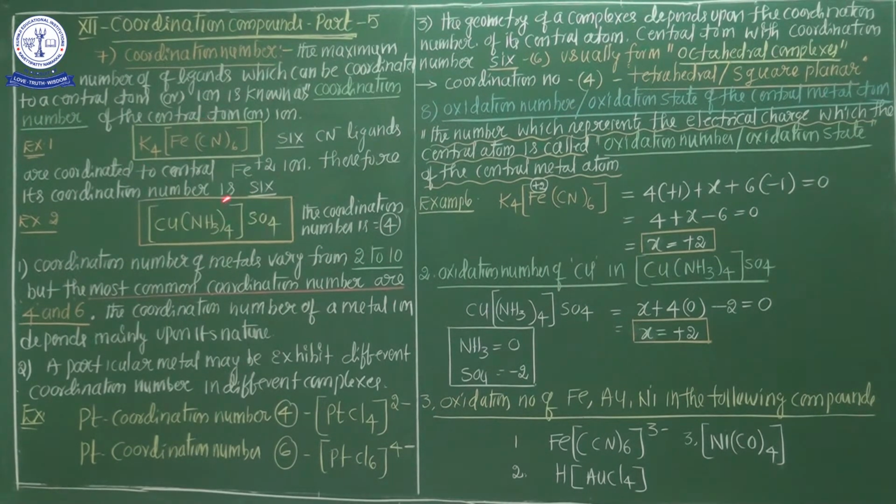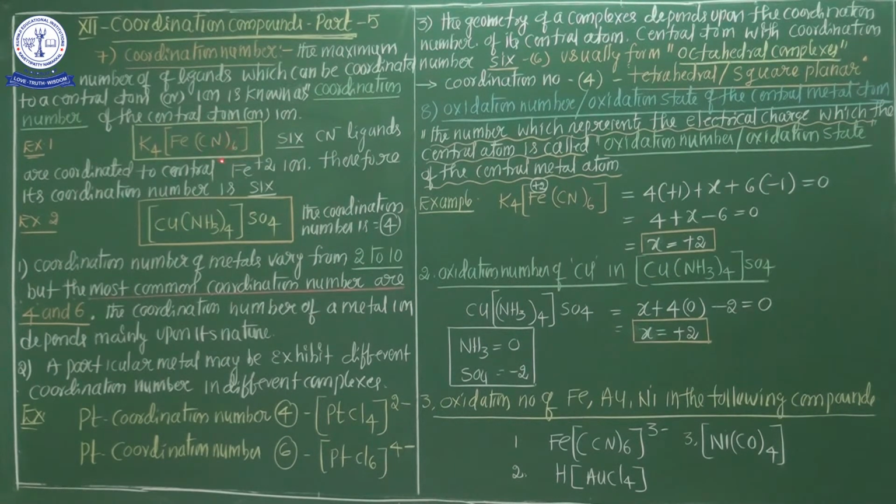Now see here an example: potassium ferrocyanide, the best example. The formula of potassium ferrocyanide is K4[Fe(CN)6]. Inside the square bracket, CN is a ligand; ligands are present inside the parenthesis, you know that very well.